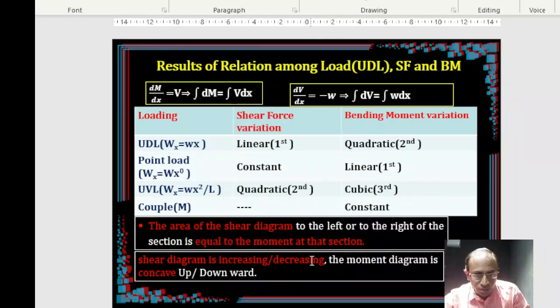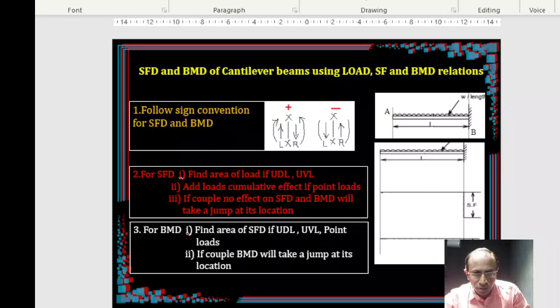I am not going to take a section at any point, because that I will be discussing in a separate session, which is going to cover the method of sections. I am not using that concept of method of sections here. Simply I am using the relationship between shear force and bending moment as well as loading and shear force, okay.